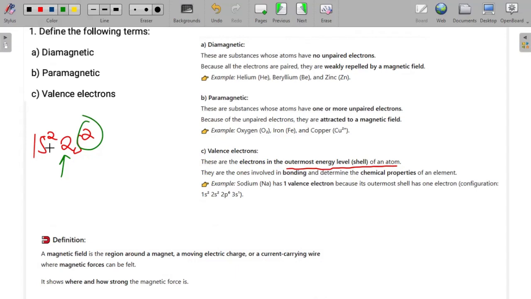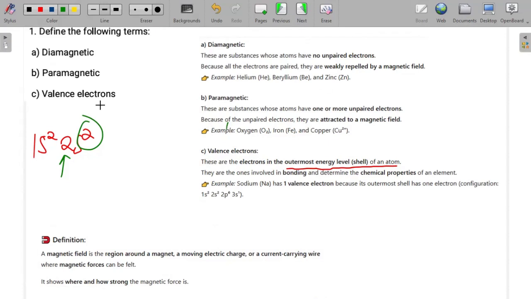They are very important because they are responsible for the bonding and the chemical properties of an atom. They can be transferred in ionic bonding, or shared in covalent bonding. They determine the chemical properties of an atom.